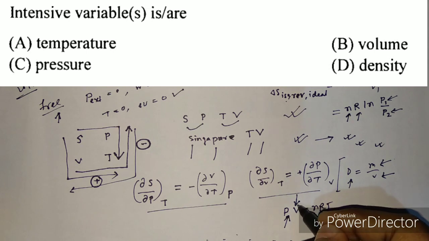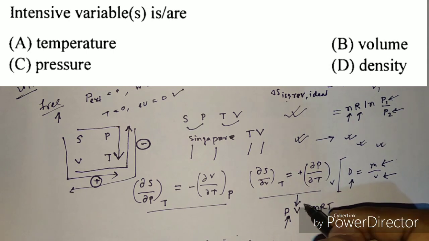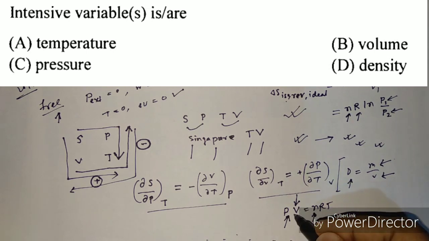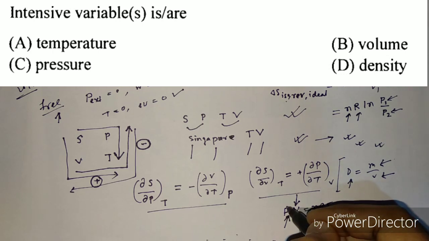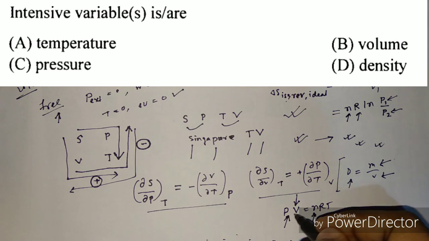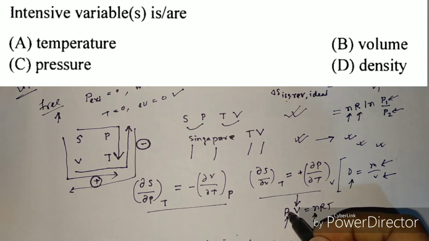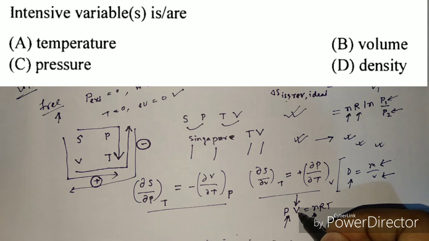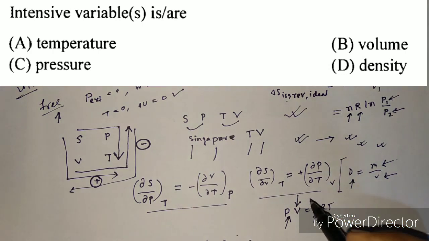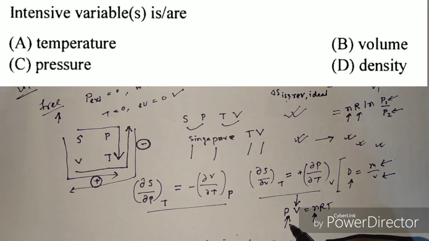If volume is not constant, or nothing is said about volume, then pressure is intensive, because if you increase the pressure, volume will be low, and if you decrease the pressure, volume will be high. So these two are self-dependent, right? That's why pressure is intensive, as no relation between pressure and volume is given, and here it is not said that volume is constant. If volume is constant, then pressure will be extensive, because it is then mass dependent. Okay.